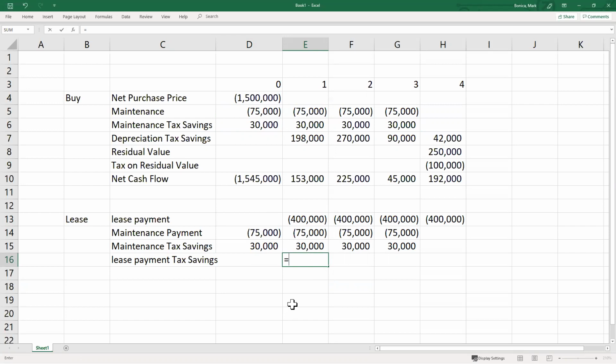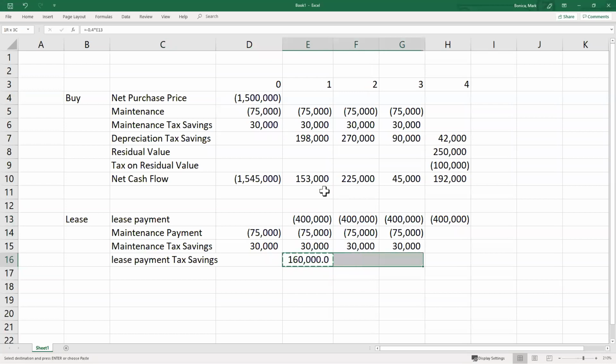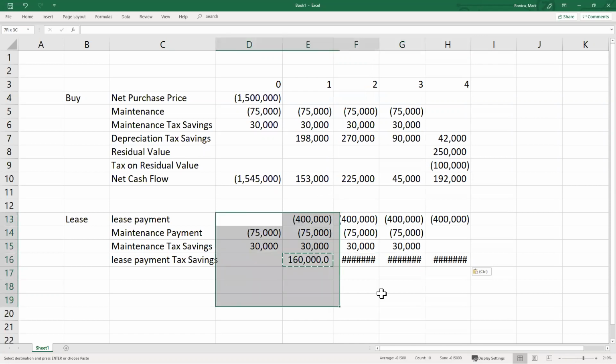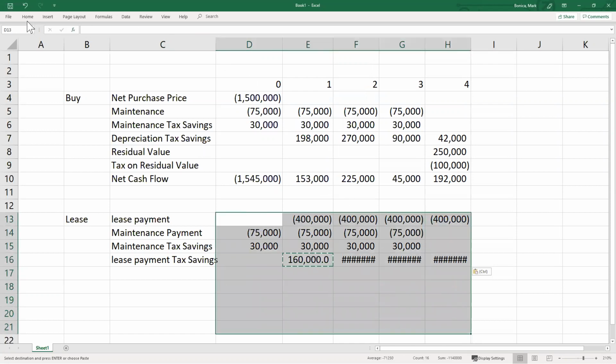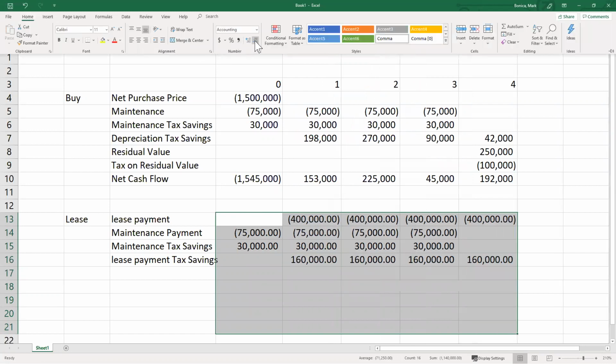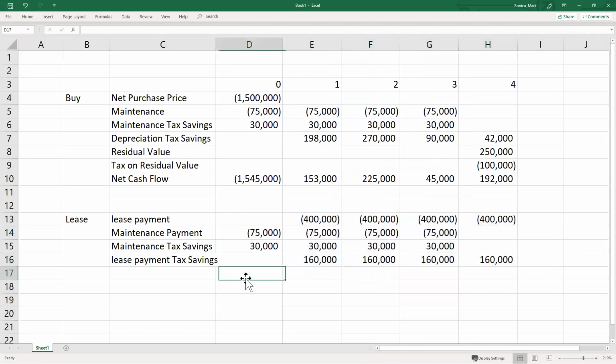Which would be equal to minus 0.4 times 400,000 or 160,000. So let me just put that in here. I've got to clean this up a little bit. There we go. Okay. And that is all the cash flows for the lease.